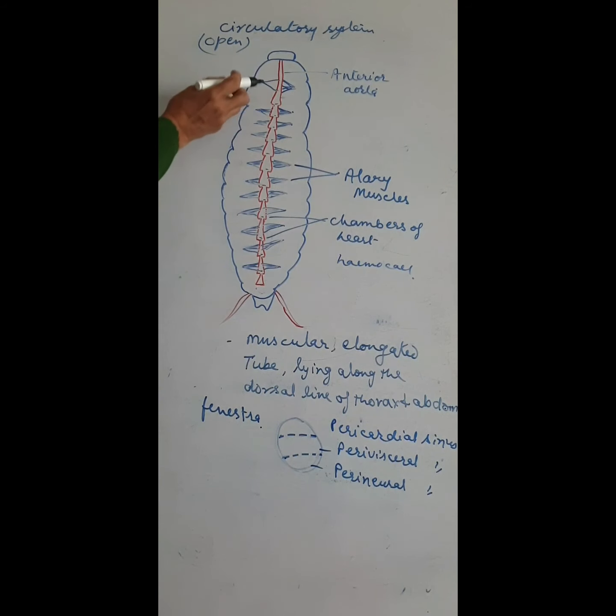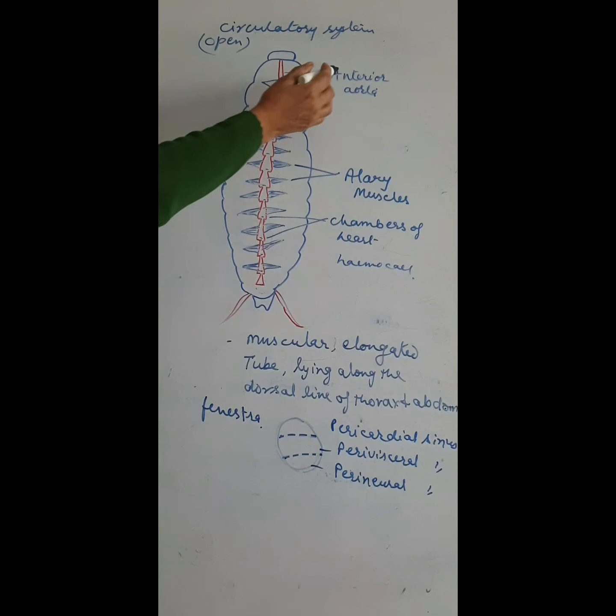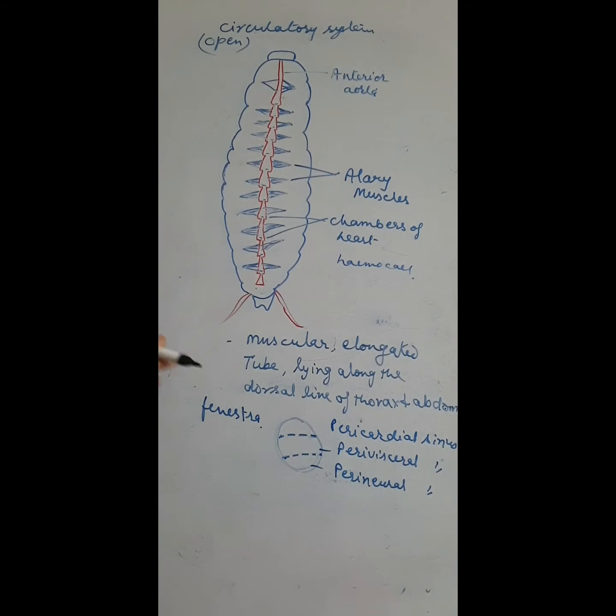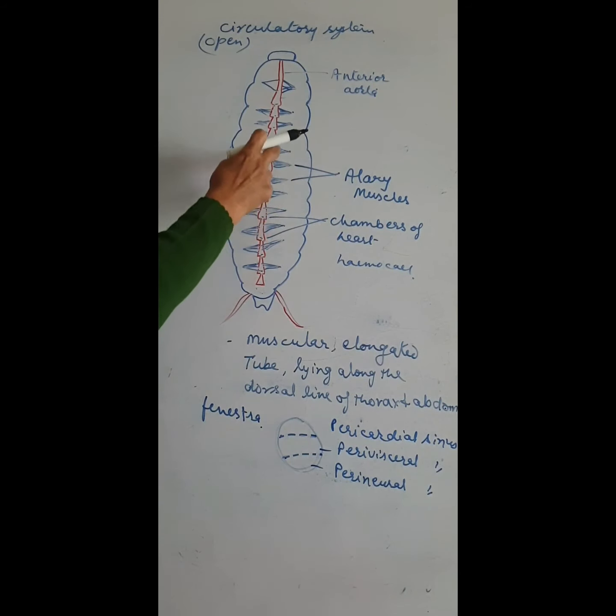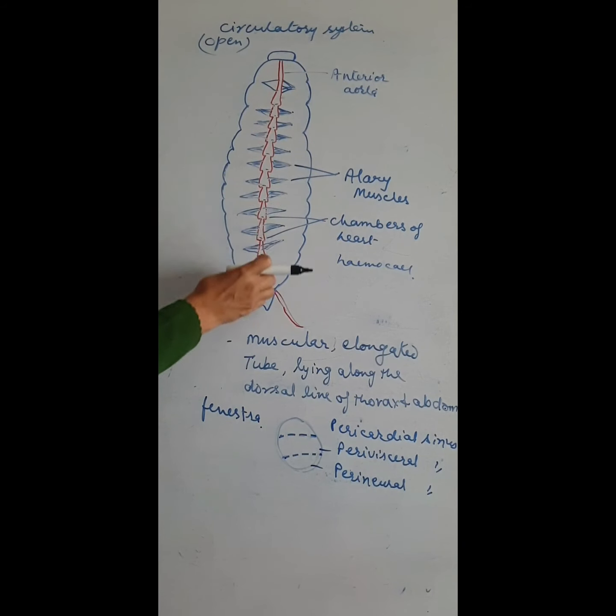The anterior tubular part is called the anterior aorta. The heart consists of 13 funnel-shaped contractile chambers, and these are the alary muscles which control the contraction of the heart.